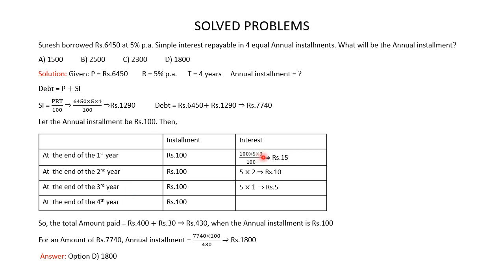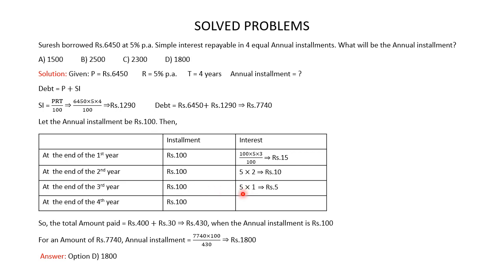So 5 multiplied by 3 is rupees 15. Now at the end of the second year, installment is rupees 100. Interest is 5, which is the rate of interest, multiplied by 2 because payment has to be made for 2 more years. So 5 multiplied by 2 is rupees 10. At the end of the third year, installment is rupees 100.